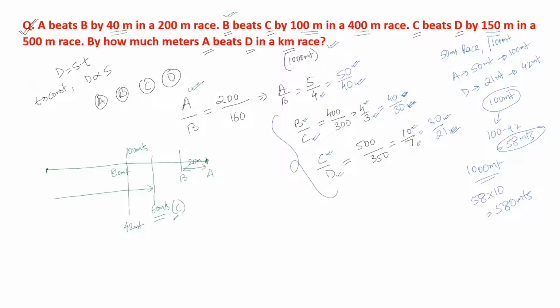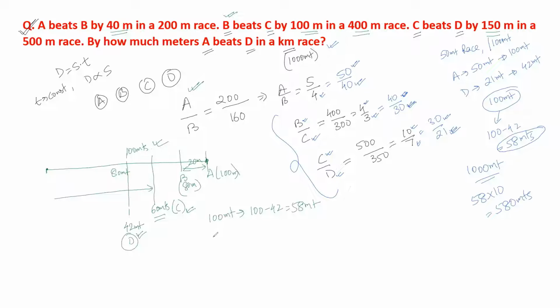So we can say that in a 100 meter race, when A covers 100 meters, B will be covering 80 meters and C would be covering 60 meters and D would be covering 42 meters. So when A covers 100 meters, D covers 42 meters. So in a 100 meter race, A will beat D by 100 minus 42, that is 58 meters.